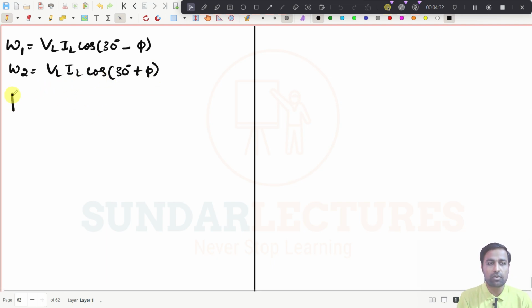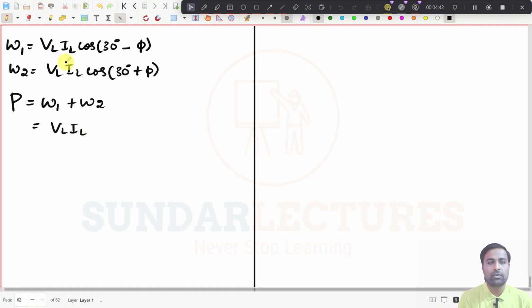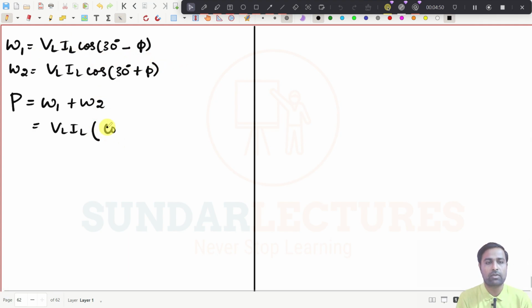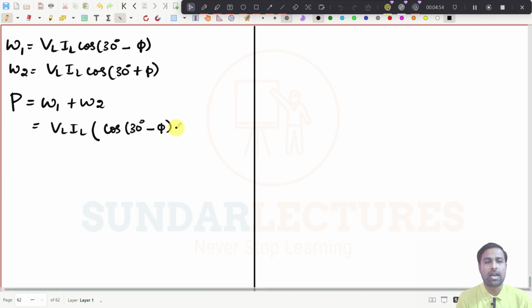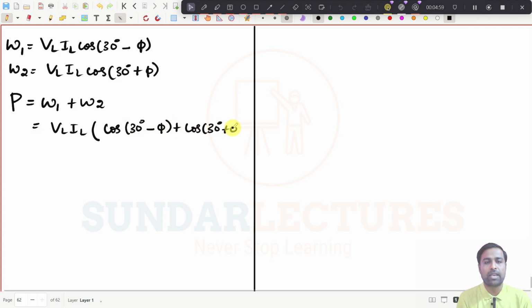So now, what is the total power? That is real power. P will be equal to W1 plus W2. You just add these two, what will you get? If you add these two and take VL IL commonly outside, you will get cos of 30 degree minus phi plus cos of 30 degree plus phi, right?